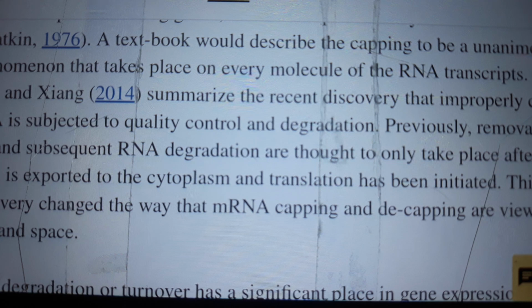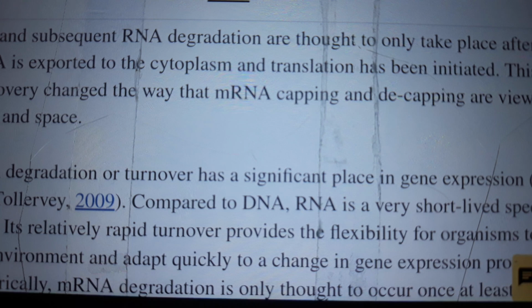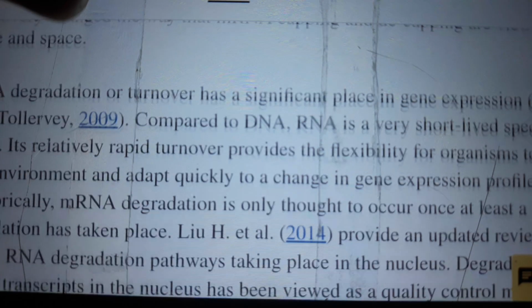The descriptions show a universal phenomenon that takes place on every molecule of RNA transcript. Formally, removal of the cap and subsequent RNA degradation are thought to only take place after the RNA is exported to the cytoplasm and translation has been initiated. This discovery has changed the way mRNA capping and decapping are viewed in time and space.